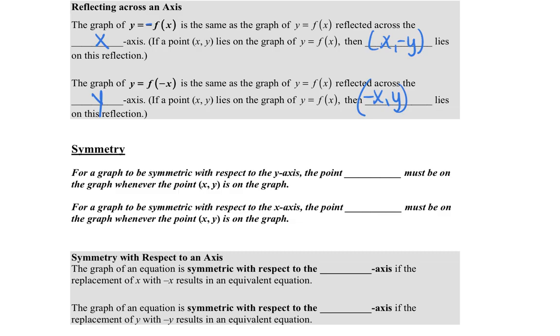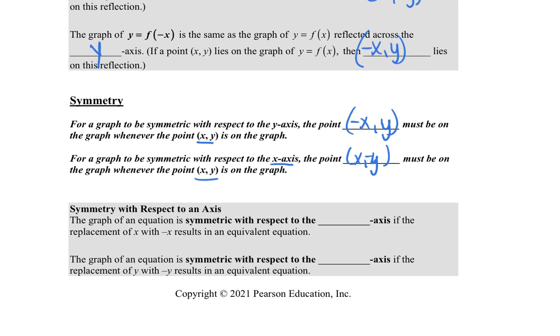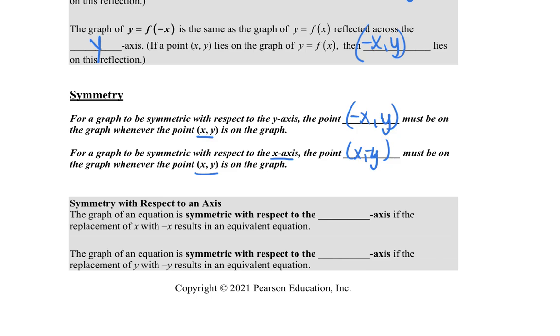And again, for a graph to be symmetric with respect to the y-axis, the point negative x, y must be on the graph wherever there is an x and a y. And for it to be symmetric with the x-axis, the point x, negative y must be on the graph wherever there is an x, y. And the graph of an equation is symmetric with respect to the y-axis if the replacement of x with negative x results in an equivalent equation.